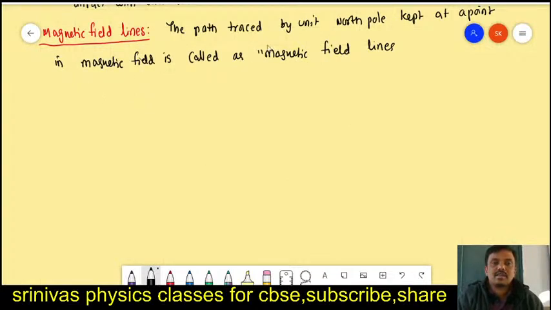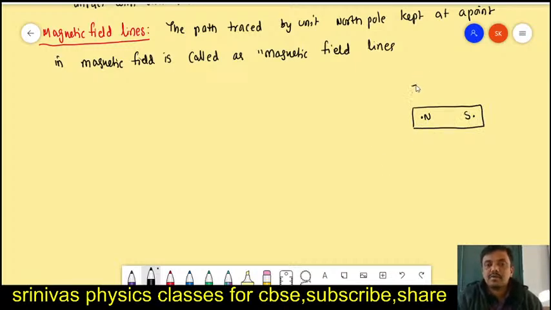For example, this is the north pole of the bar magnet, and this is the south pole of the bar magnet.